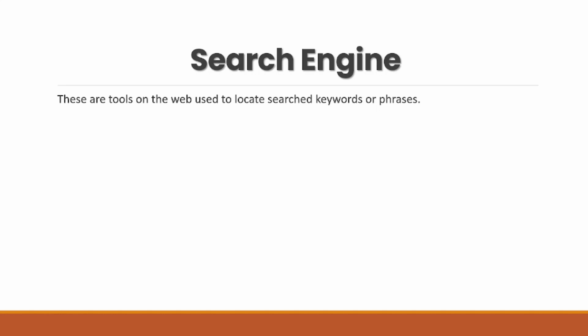You don't know the URL attached to that website, but you have an idea of what you're looking for, like a keyword or a phrase. We have some applications or tools today on browsers that, if you just type a certain keyword, will bring a list of websites that have something related to what you're looking for. And those tools are what we call search engines.